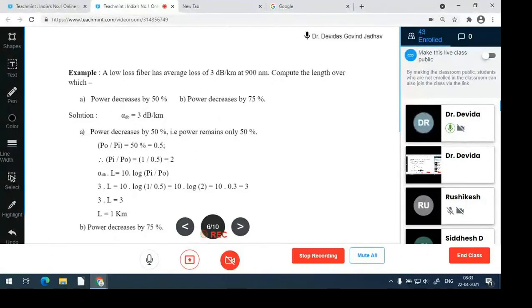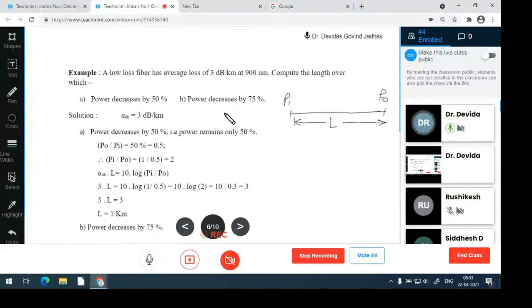So whenever there is a fiber of particular length, so this is the fiber, and the optical power Pi is launched, and it is observed at the output PO. Then this power gets attenuated, loses some value, and that can be calculated as attenuation.